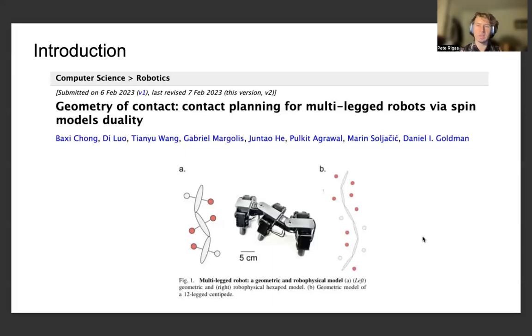And in the first figure of their paper, they give one example of such a multi-legged robot, given by what they call a geometric and robophysical model. In the first item, figure A, they demonstrate a robot which has three components, and these components, given by the dots, demonstrate the degrees of freedom that the robot can use to wiggle or move along its path when exploring different types of environments.